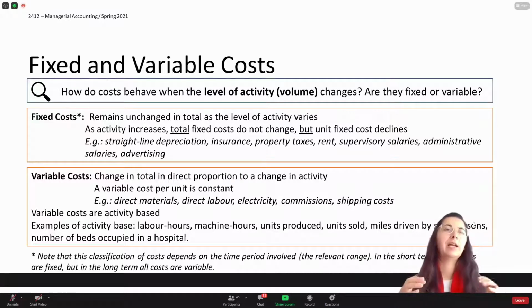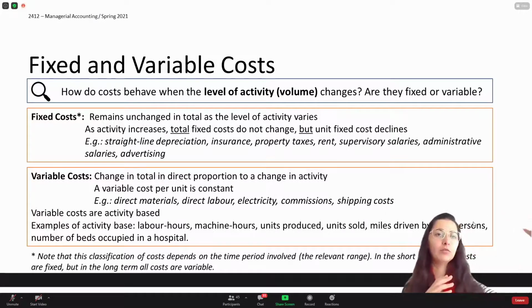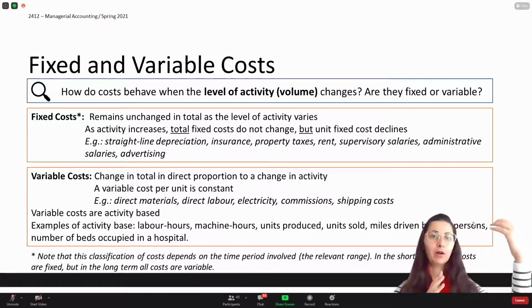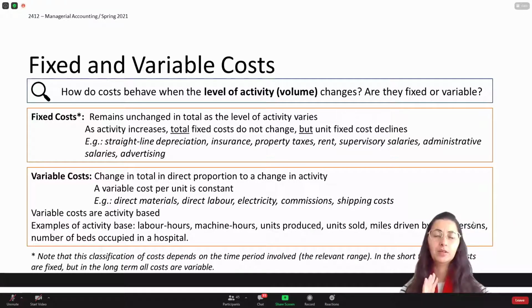But let's imagine that in the long range, when we have a long time period, the demand for our products increases so much that we need to double the factory space. So we increase the rent. Or let's imagine everyone is now working from home.